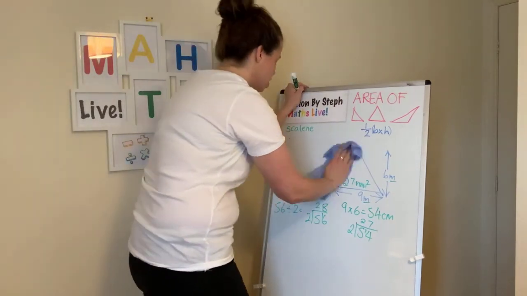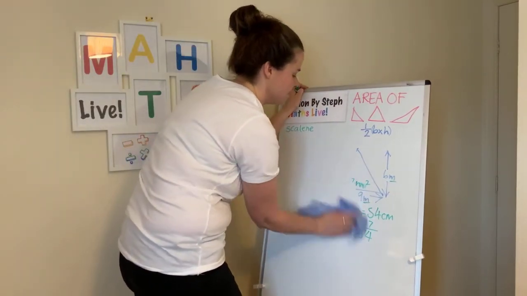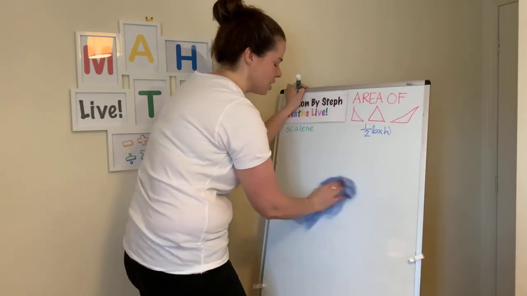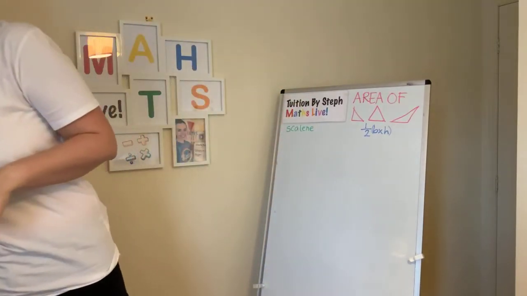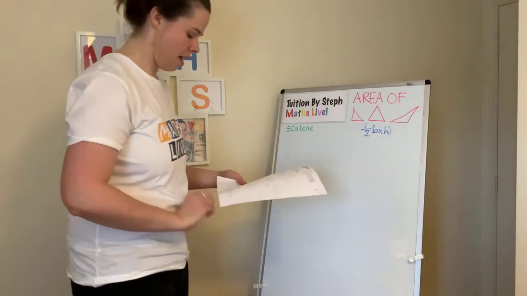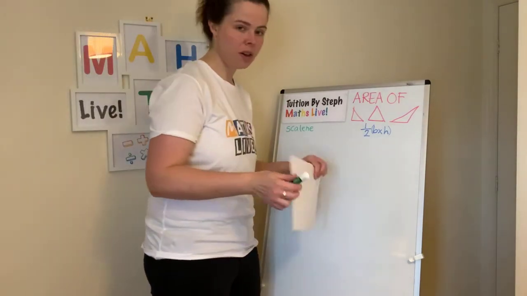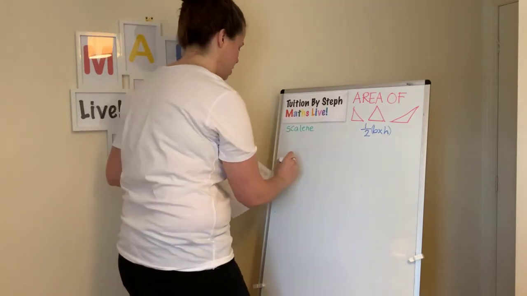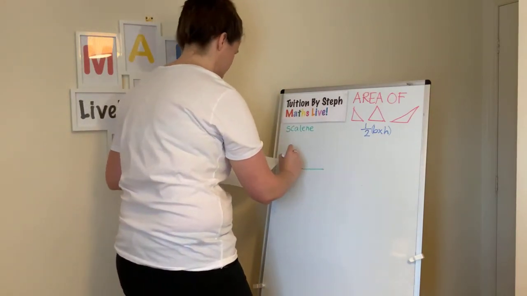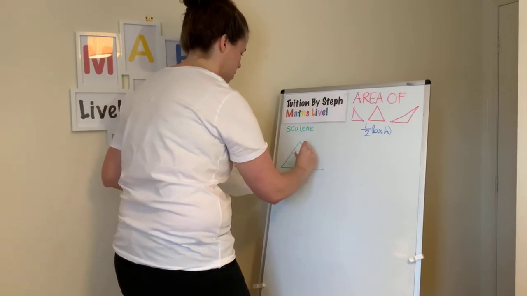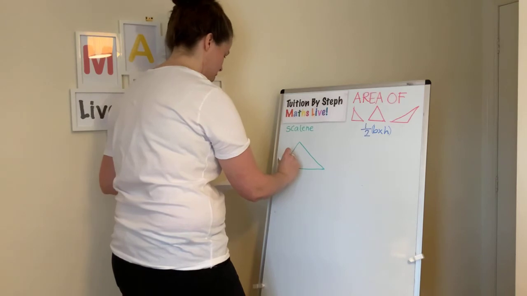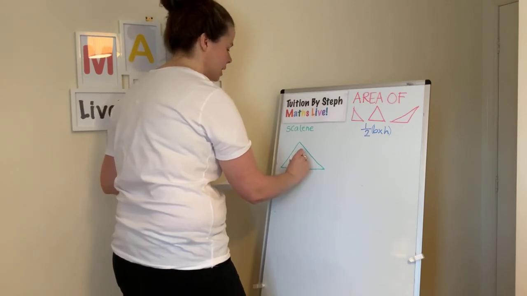Right, so the last challenge. I'm not going to model this, I'm just going to let you go for it. If you've got the sheet, you know it's already on there. So you can go for the last challenge. For the rest of you, this is what it is. You've got a triangle like this, and we're told that the area is 14 centimetres squared.